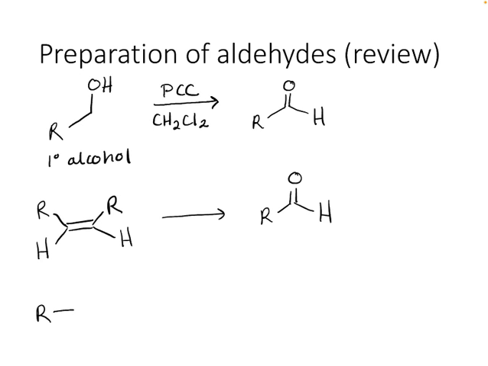And on the bottom we have an alkyne. It's a terminal alkyne, and we're going to turn that into an aldehyde. So see if you can remember the reagents you would use for these two reactions. So pause the video, and then when you unpause, we'll go over it together.